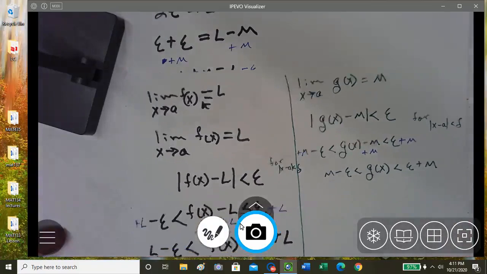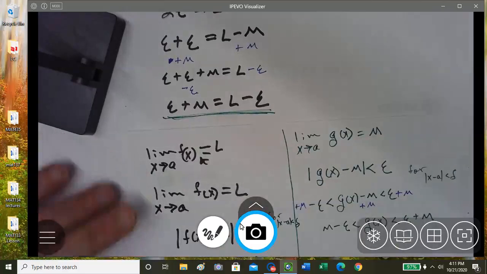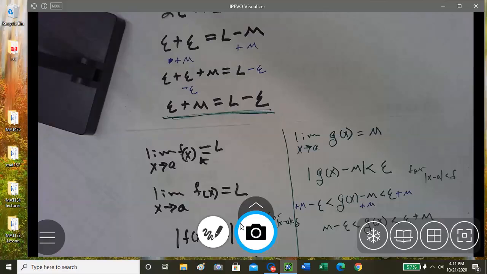From here, this is where this comes in. Here we said that epsilon plus m equals L minus epsilon. So f of x is greater than L minus epsilon. We can say that L minus epsilon is less than f of x.